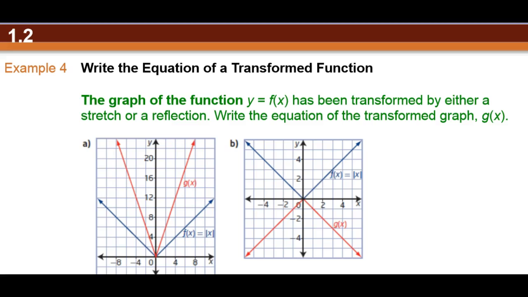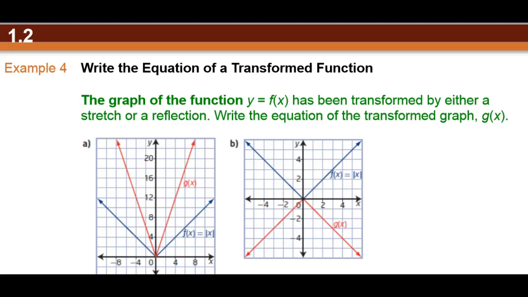It says the graphs here have been transformed by either a stretch or a reflection. Write the equation of the transformation. So this is the original equation, f of x equals absolute value of x.